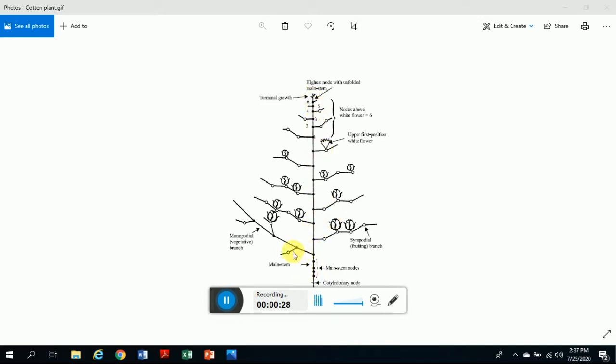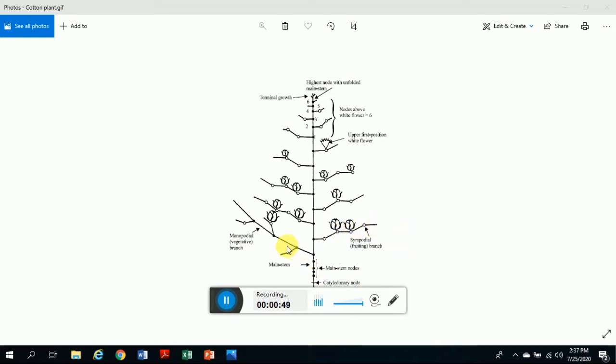These branches which carry fruits directly are called sympodial branches, or the fruit is called sympodial fruit, or the leaves present on these branches are also called sympodial leaves.